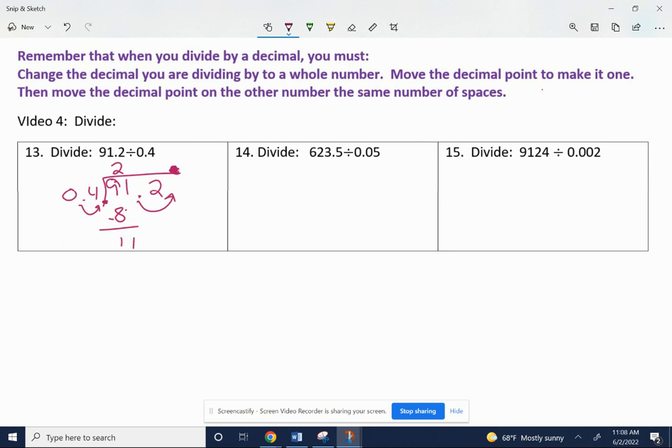Bring down the 1. 4 into 11. 4 times 3 is 12, too big, so we use 2 again. 4 times 2 is 8. 11 minus 8 is 3. Bring down the 2. 4 into 32 goes exactly 8 times. So the answer is 228.